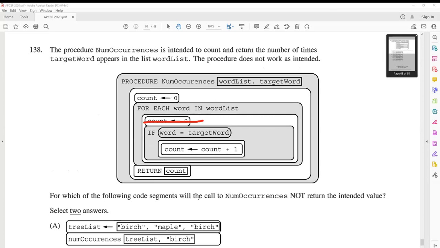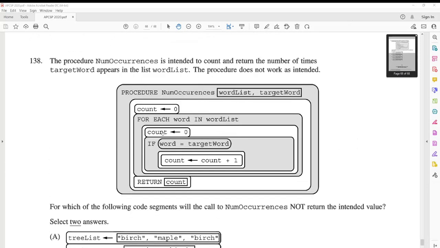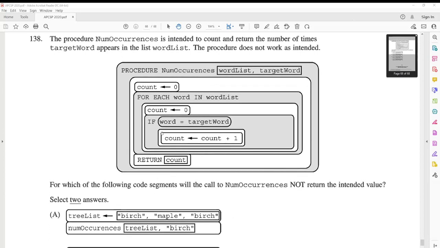Which of the following calls will not return the intended value? Each word, you will actually return it. So basically you reset the count every time.